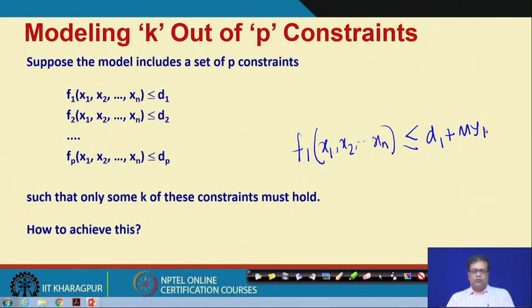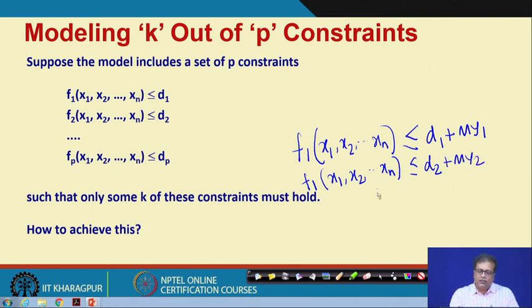This is how we can implement it by going with similar logic, and in the second case, supposing we put less than equal to d2 plus My2, and the last one will be fp(x1, x2 to xn) less than equal to dp plus Myp.